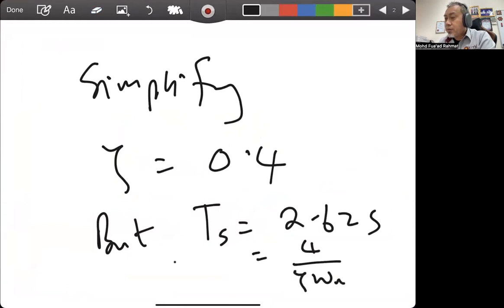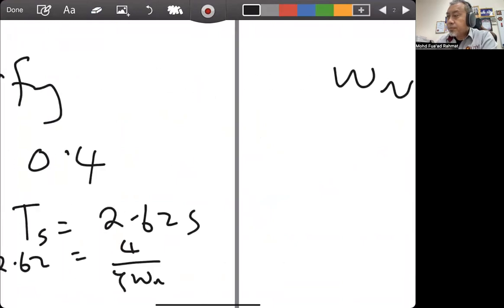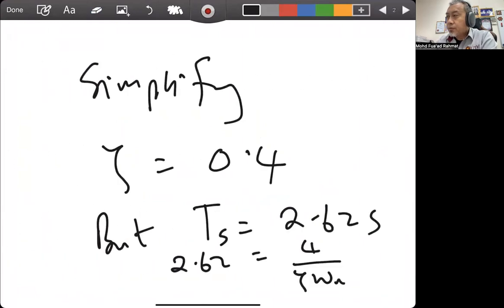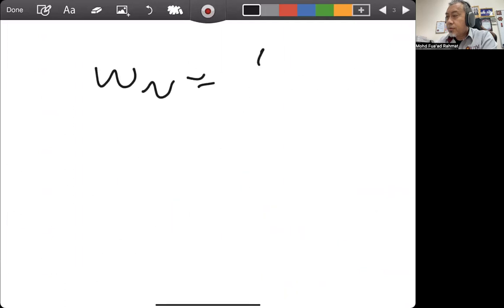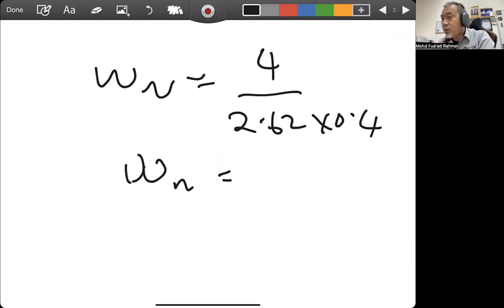So 2.62, we already know zeta, so omega n now becomes 3.82 radian per second.